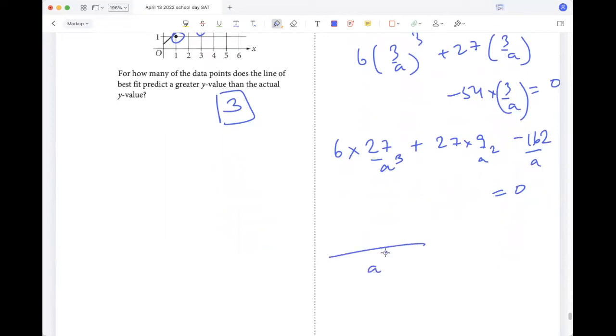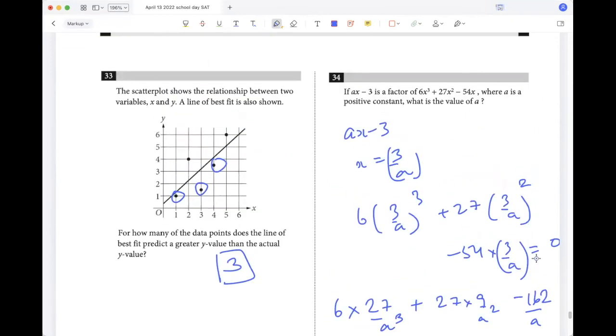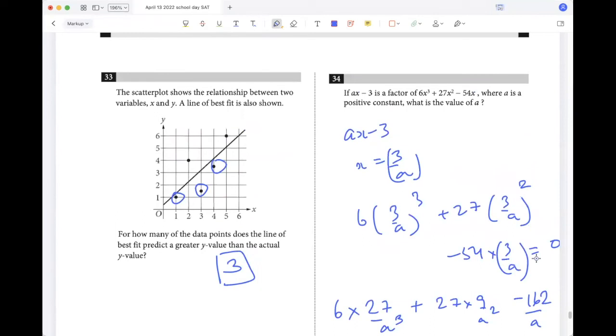So let's say multiplying by A cubed: 6 into 27 plus 27 into 9A minus 162A squared is 0. Okay. Is that the only way to do this?